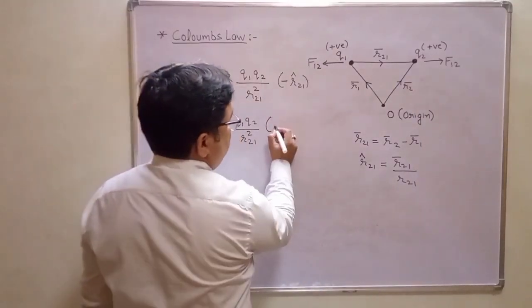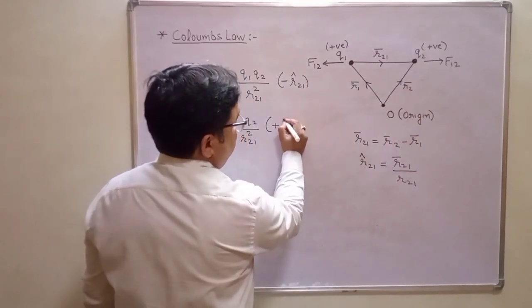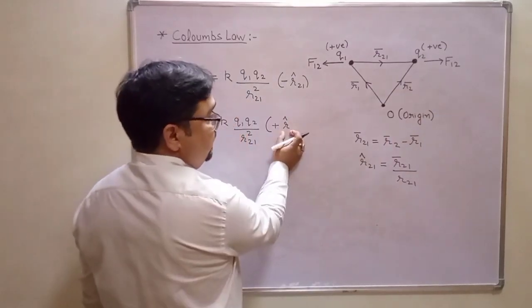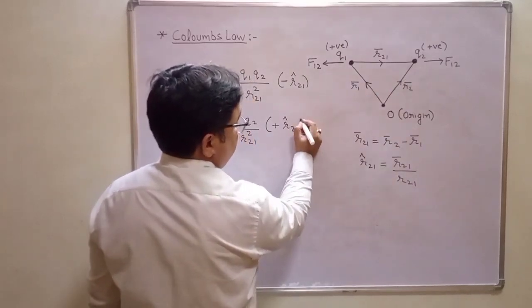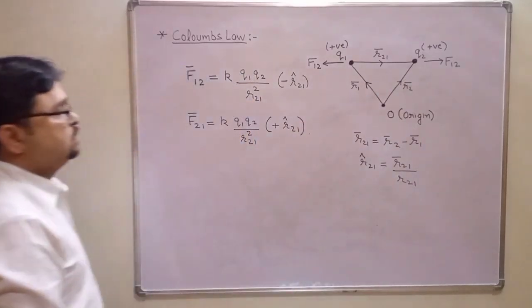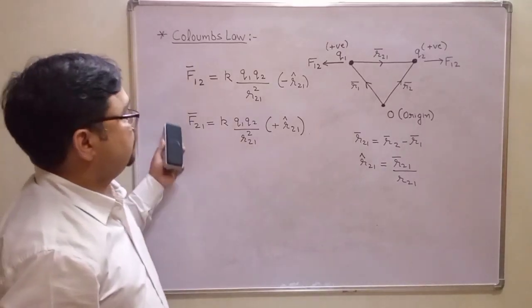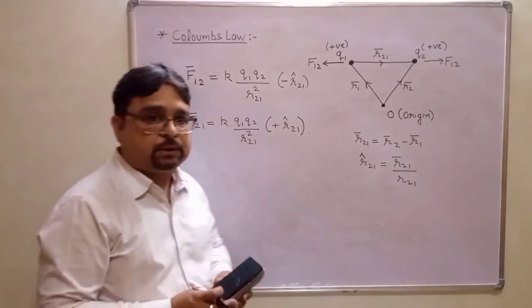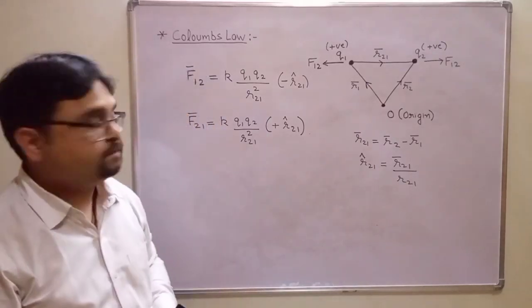So this is positive sign because it is towards right, and the direction will be shown by unit vector in the same direction. So this is how we can write the formula for Coulomb's force between the two electric charges in vector form.